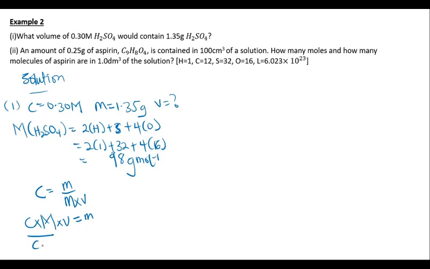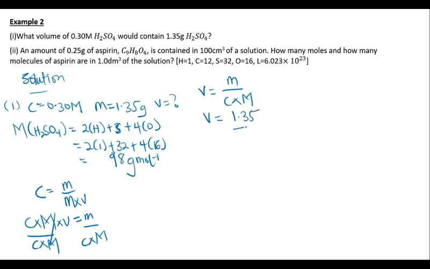So we divide by concentration and molar mass. So we get our volume to be mass divided by concentration multiplied by the molar mass.